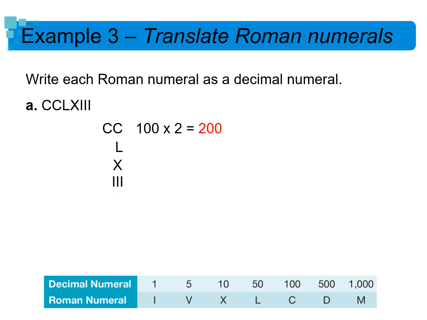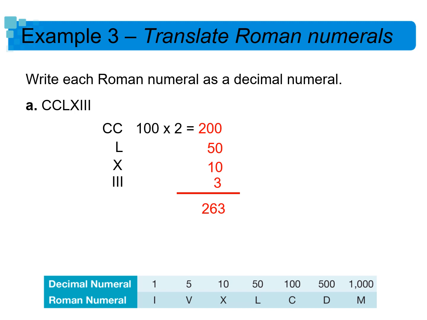CC is going to be my hundreds, so there are two of them, that would be 200. Then L is 50, X is 10, and the three I's would be 3. Then you add them all together and you get 263. So that one's pretty straightforward, not too bad.